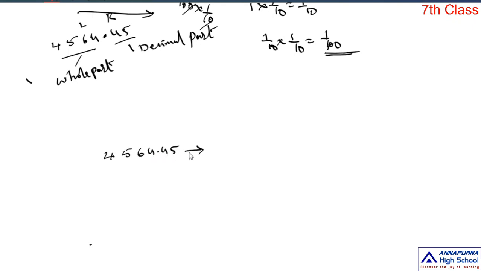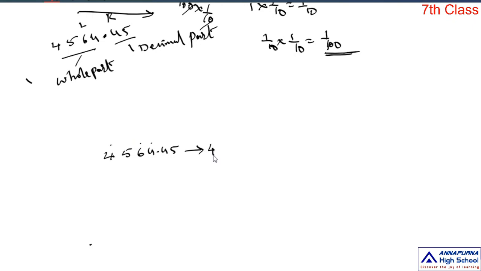So how to write the given decimal number in the expanded form? The left of the decimal point is the whole part. In whole part, what are the places we have? Ones, tens, hundreds, thousands. When you write the given number in the expanded form, always start from the highest place.